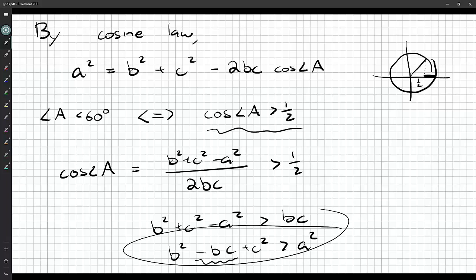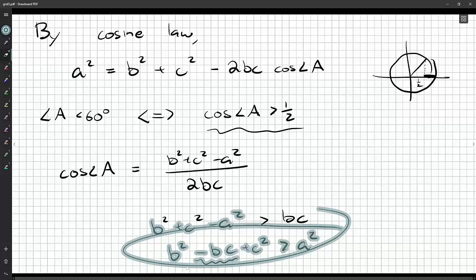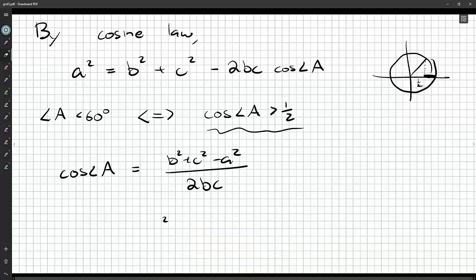Is it possible we were a bit hasty with something? Well, let's ignore the condition that I need to show and just talk about this expression here. Cos A. Maybe I should keep cos A in what I'm talking about.